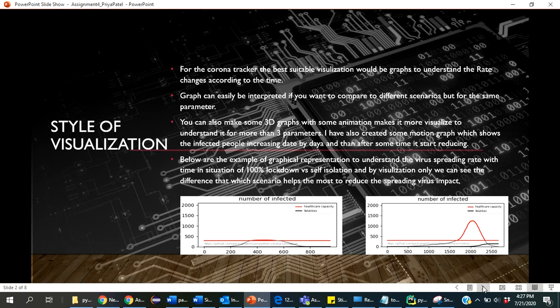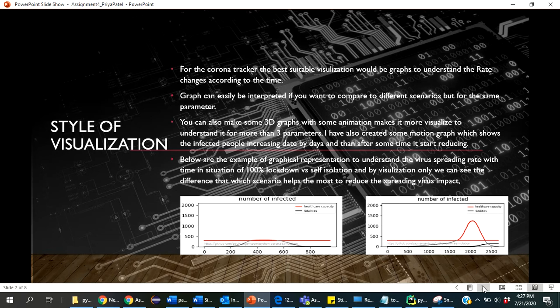I have also created some motion graphs which show the infected people increasing day by day, and then after some time it starts reducing. Below are some graphical representations to understand the virus spreading rate with time in the situation of 100% lockdown versus self isolation.